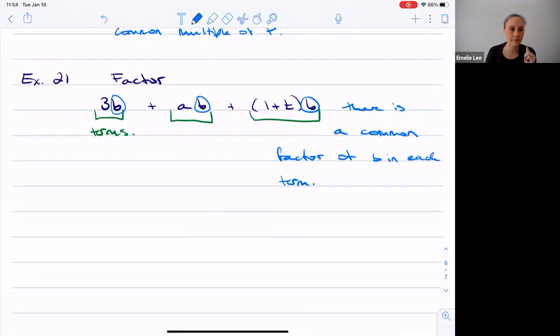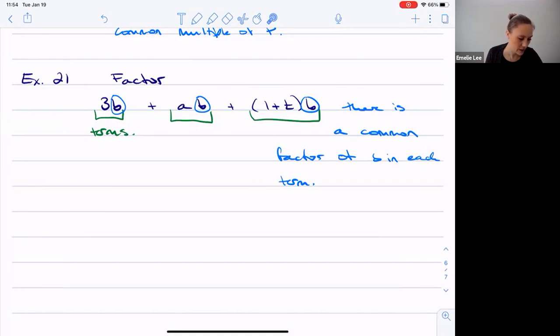So what I can do, being really careful, is pull that common b outside and wrap everything else up in brackets.